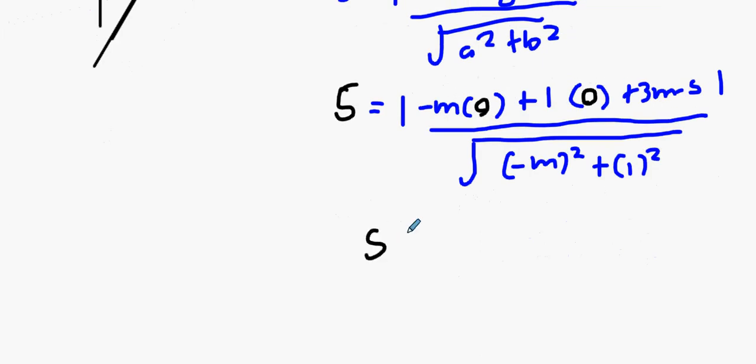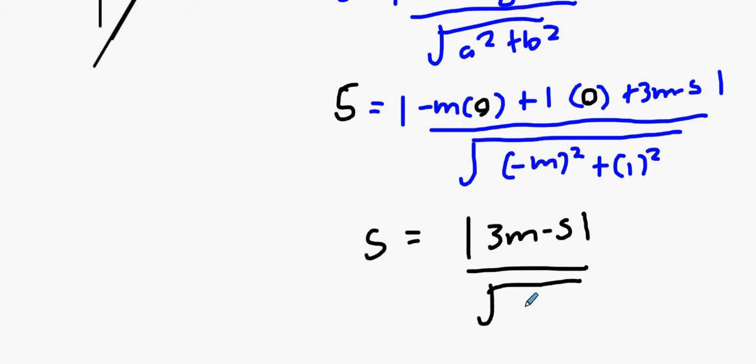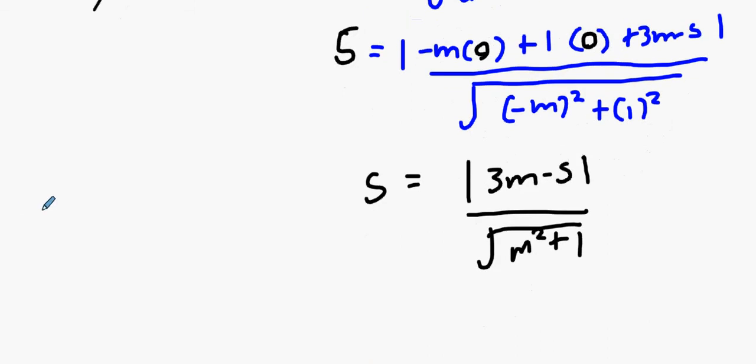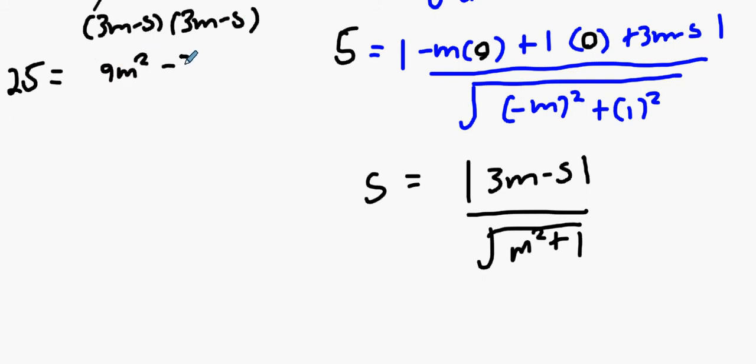So 5 equals 3m minus 5 divided by the square root of m squared plus 1. What would you recommend doing to both sides? I'd square both sides. So what am I going to get? 25 equals 3m minus 5 multiplied by 3m minus 5, which we all know is 9m squared minus 30m plus 25.